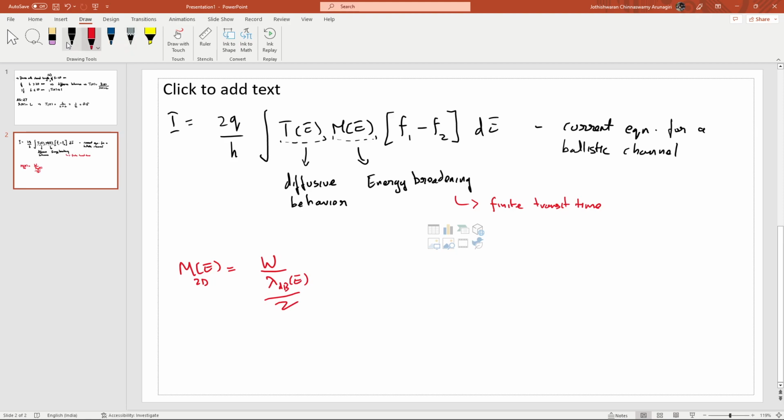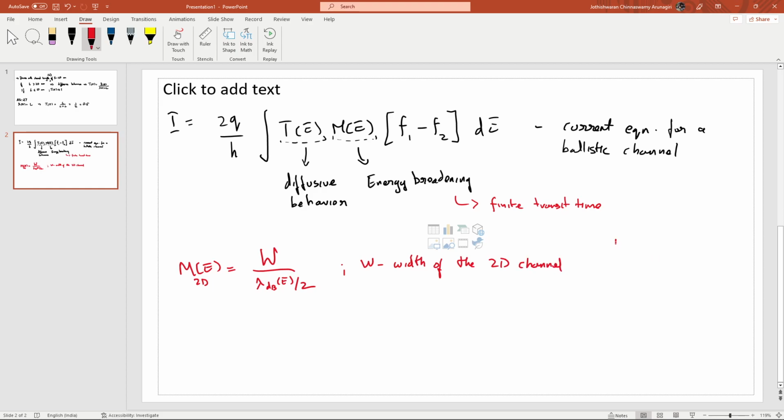Let me write this correctly. So this is where W is the width of the 2D channel.